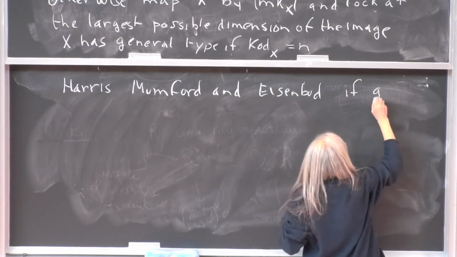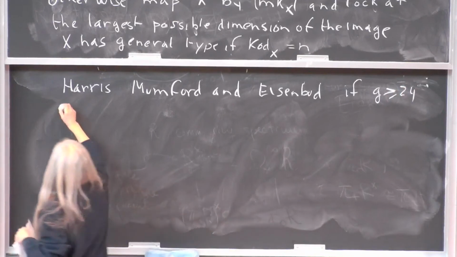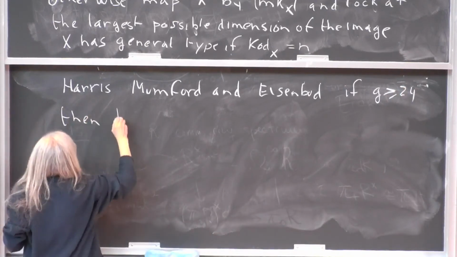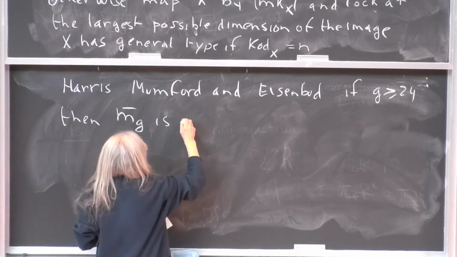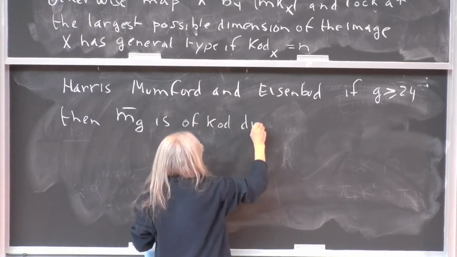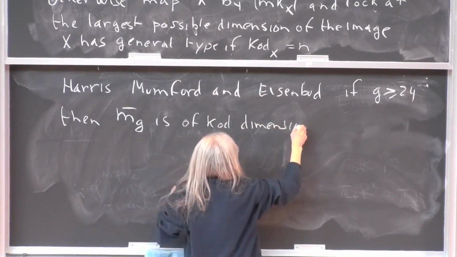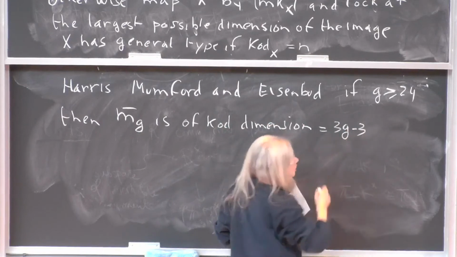If g is greater than or equal to 24, then M_g bar is of Kodaira dimension equal to the dimension of M_g bar, which is 3g minus 3. So it's a variety of general type.